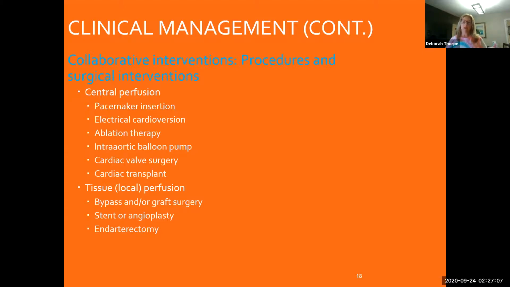A stent placement or angioplasty. This is an expandable mesh-like structure designed to expand in the artery to maintain patency. An endarterectomy is a surgical procedure in which the artery is opened to remove any obstructing plaque. A common one is a carotid endarterectomy.